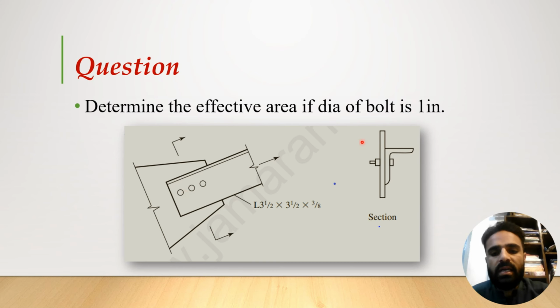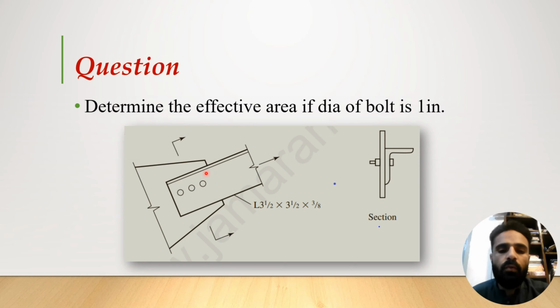Here you see the cross-section view of the connection, the leg and the gusset plate. This is the angle section, and we will be defining the effective area. The first step is that you should determine the gross area of this section.